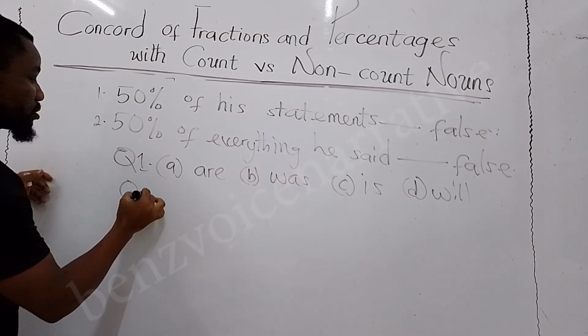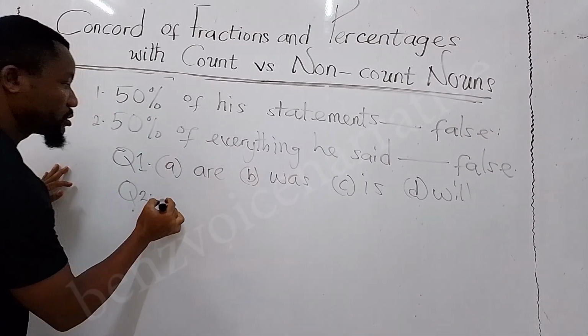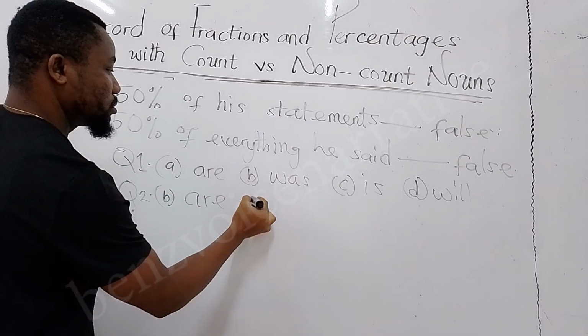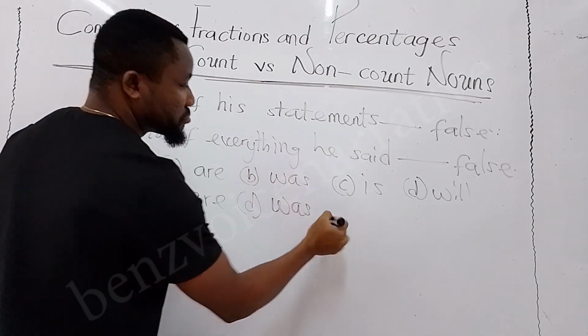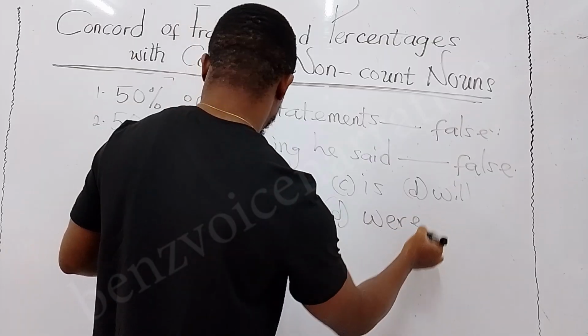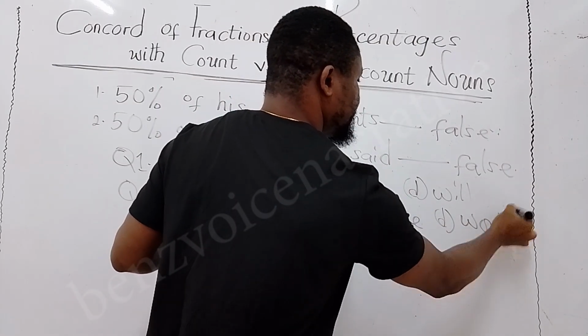Question 2, 50% of everything is said dash false. B, are, was, were, and then finally we have D, would.